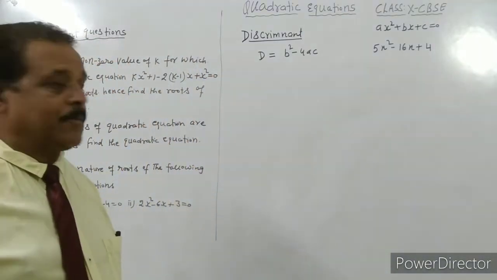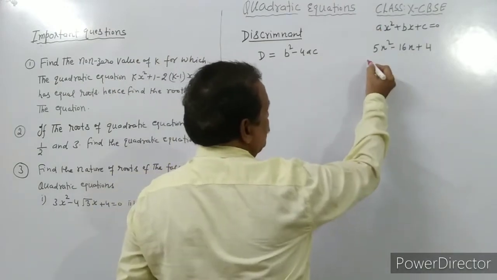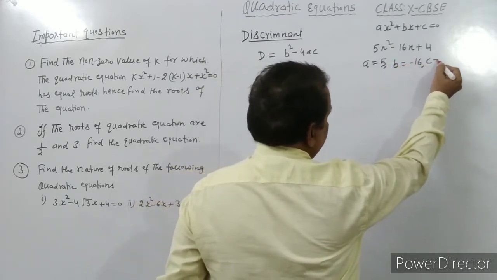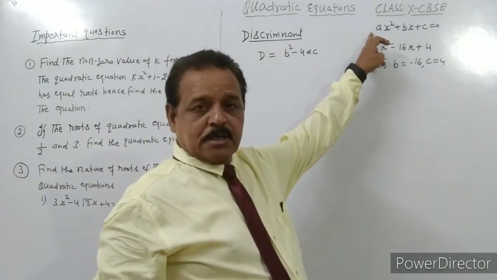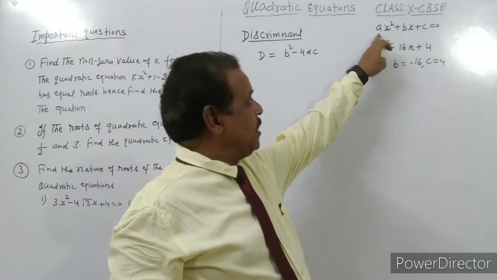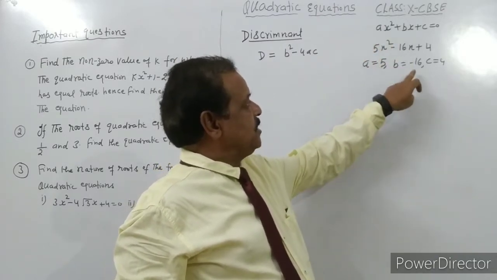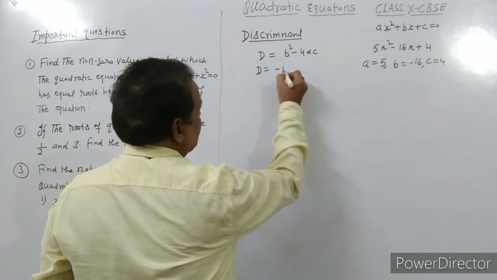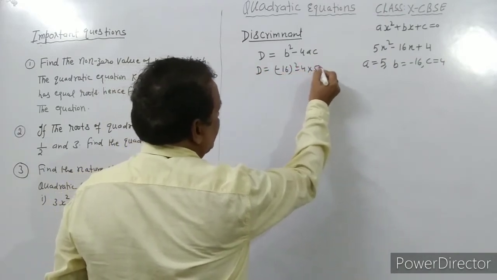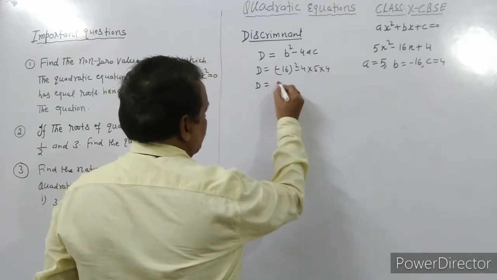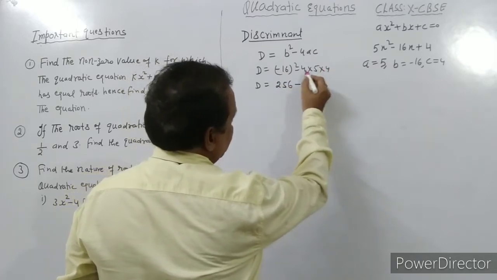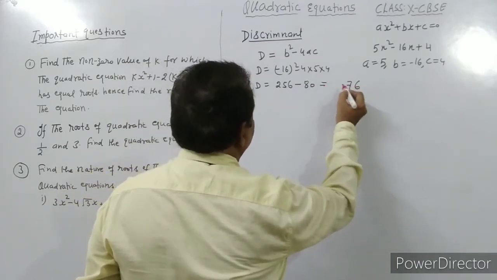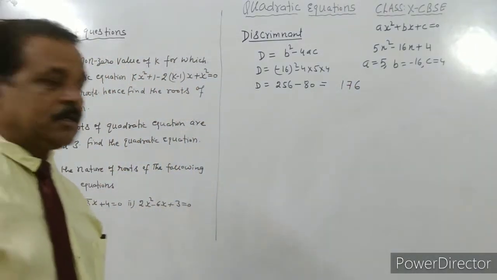What is the discriminant? Comparing with the standard equation, we get a is equal to 5, the coefficient of x square, b is equal to minus 16, the coefficient of x, and c is equal to 4, the constant. So the discriminant D is equal to minus 16 whole square minus 4 into 5 into 4. 16 square is 256, minus 4 into 5 into 4 is 80, so we get 176. This is the discriminant.